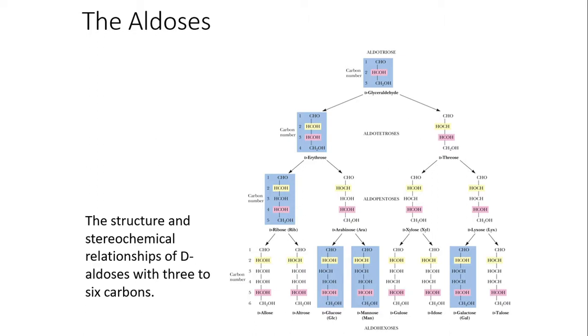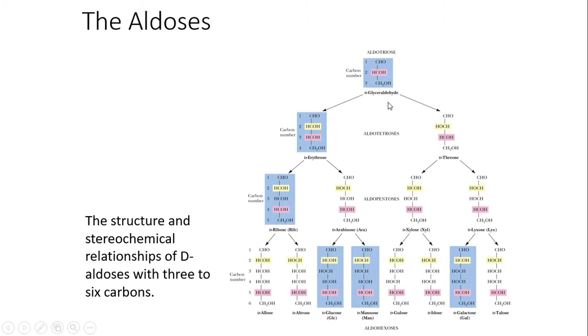So this is a flow chart or graph, if you will, of the aldoses. We're only showing the D conformations. In fact, in nature, the D conformations are what are utilized for energy and processes.